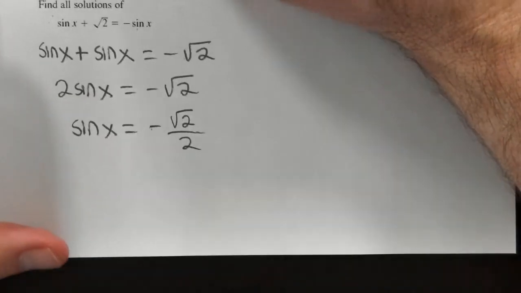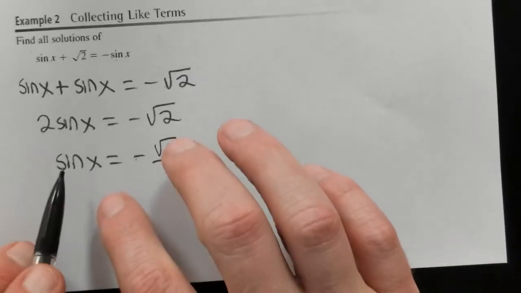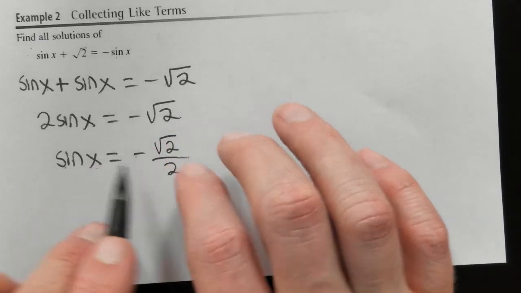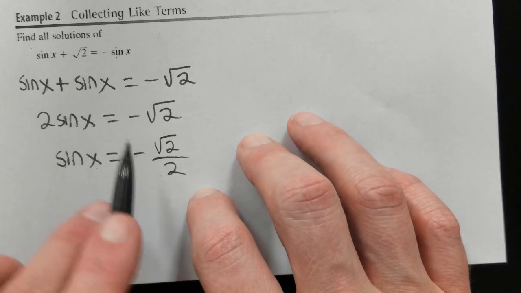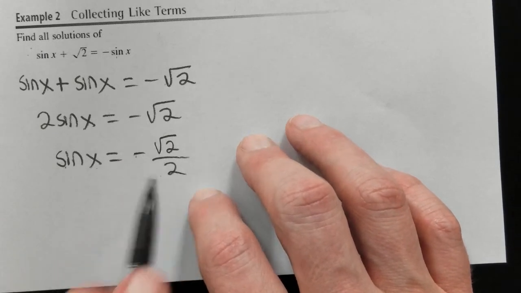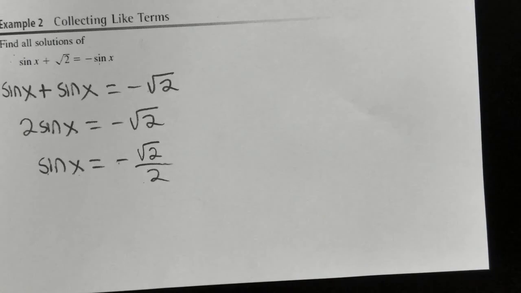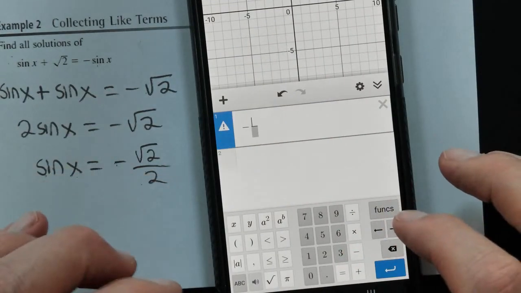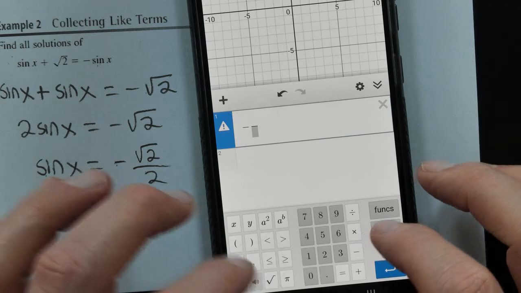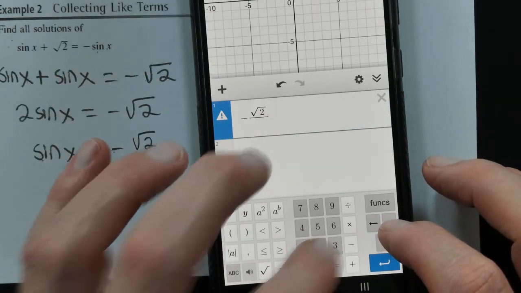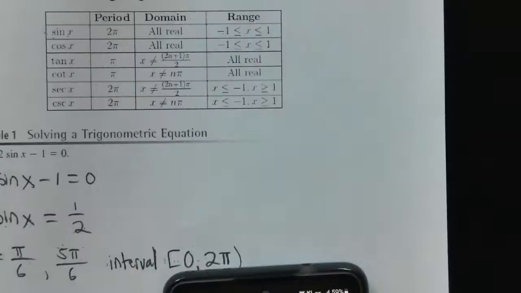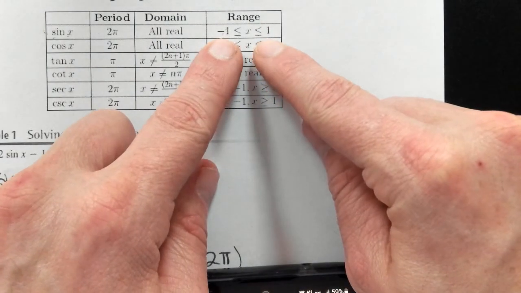All right? So at this point, remember what we've said before, you want to make sure and double check that whatever the sine of x is equal to is within your range. So negative square root of 2 over 2, if we wanted to quickly divide that out, we could see negative square root of 2 over 2 is equal to negative 0.707, which is within the correct range between negative 1 and 1.